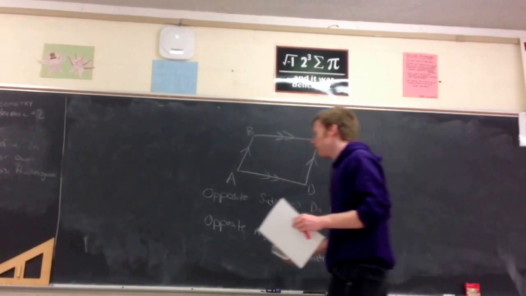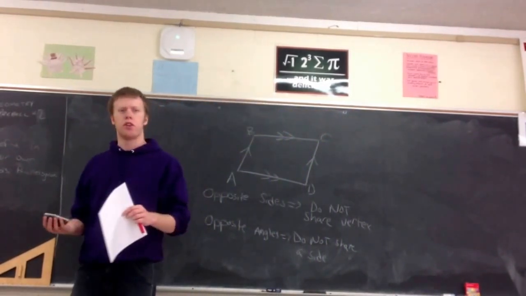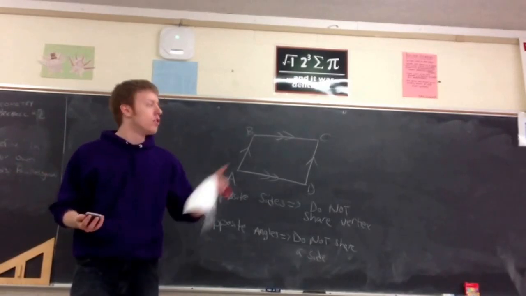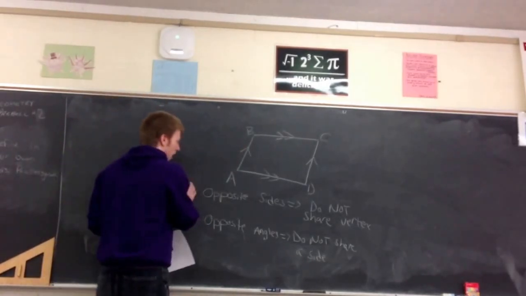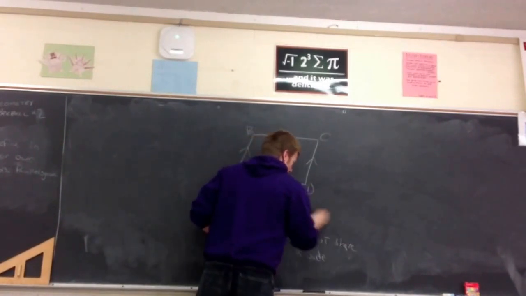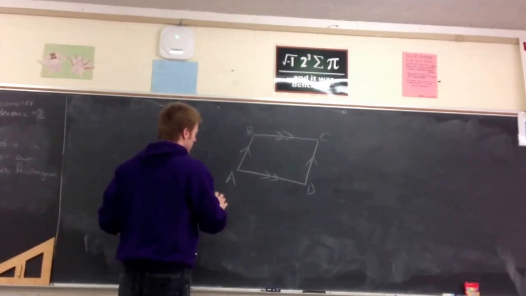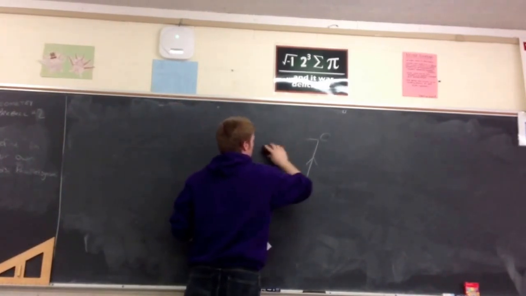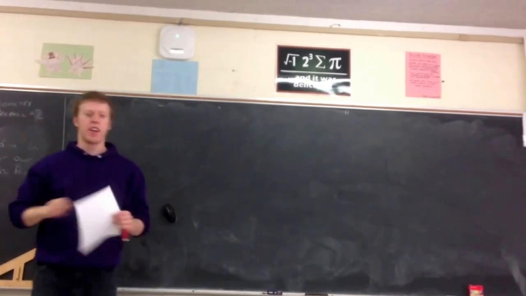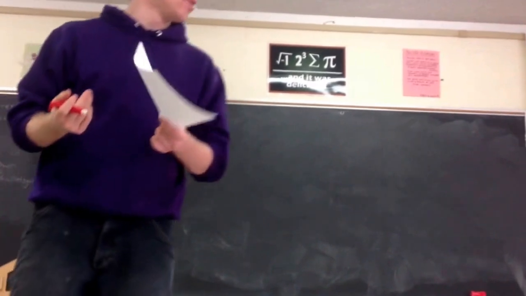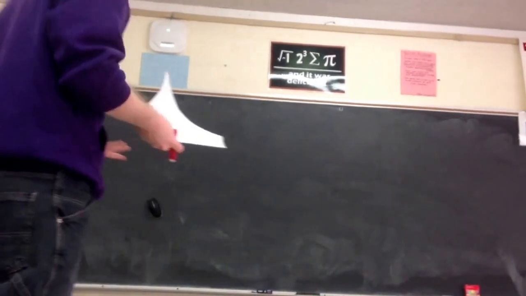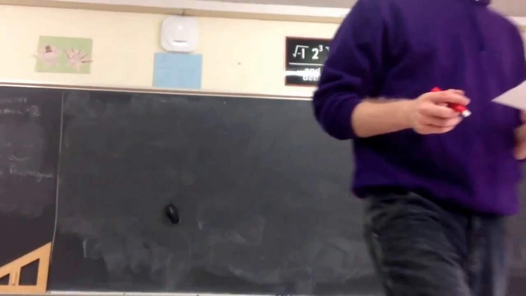Did somebody in here say something to do with congruence? Believe it or not, I think you were very, very close within your definition. We have a theorem that says if opposite sides of a quadrilateral are congruent, then the quadrilateral is a parallelogram. I should double check that. I might have said the converse. Yeah, I did say the converse.